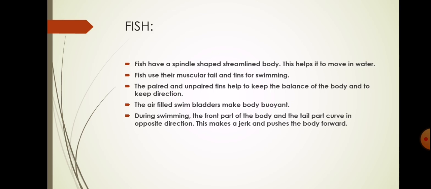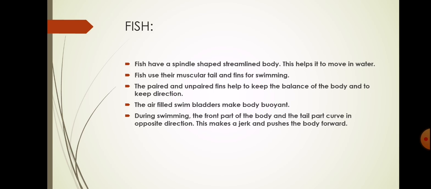Now, during swimming, the front part of the body and the tail part of the body move. When the front part of the body moves, at that time the tail part curves in the opposite direction. Because of this jerk the fish is able to push its body in a forward direction, and this series of jerks makes the fish swim ahead.